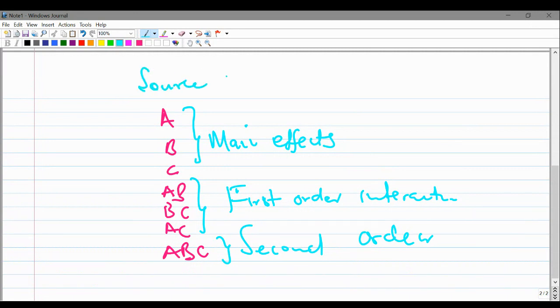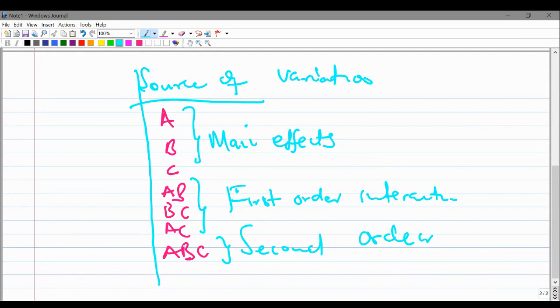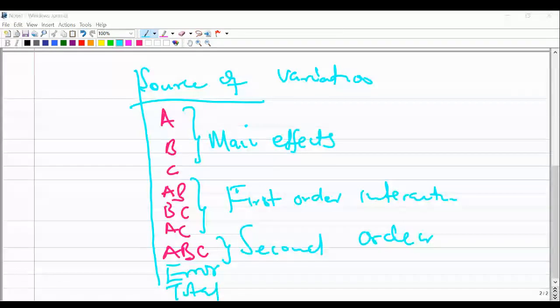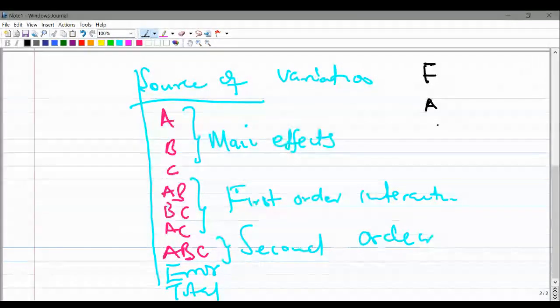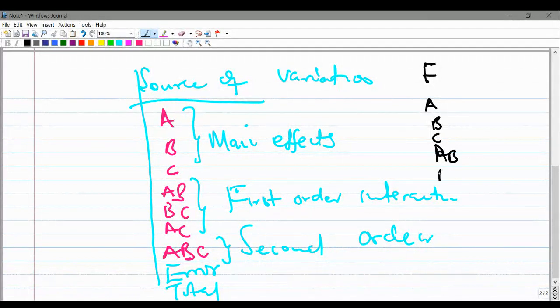So it's very, very important to understand the question. Suppose this is what we are supposed to test. Source of variation. You have to construct, or you are given another table with all these things and the total here. And the question is specific that test for, because if you don't understand what you are doing, you'll end up testing for what? If I ask you to find F, it means we'll have F for A, F for B, F for C, F for D, AB, BC, AC, and ABC.